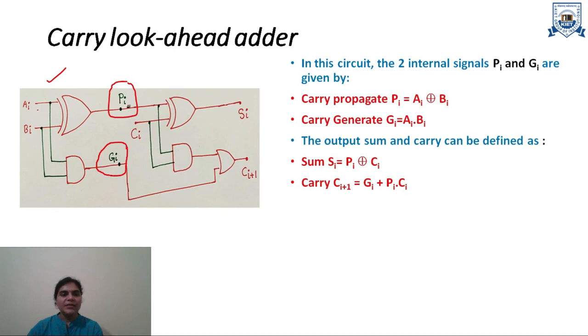Pi is defined as Ai XOR Bi. Gi is defined as Ai into Bi. Sum Si will be Pi XOR Ci, and the final carry output will be Pi into Ci plus Gi. So in this way we can define the sum and carry output.